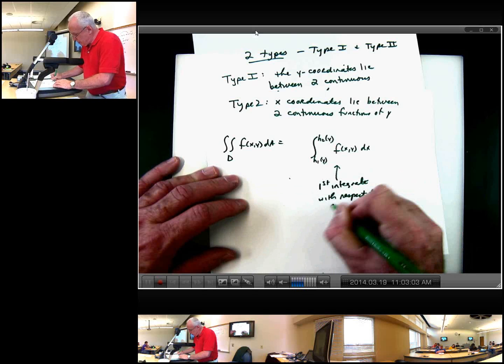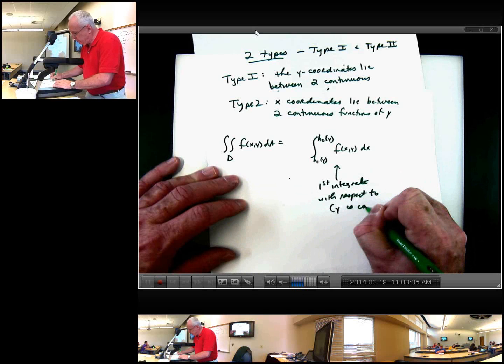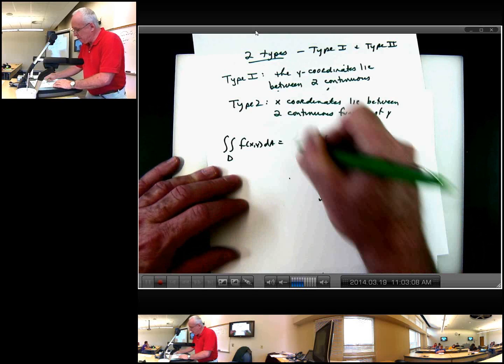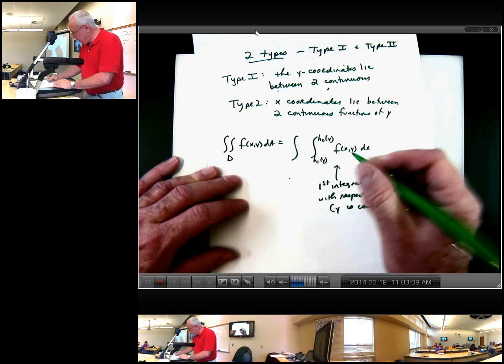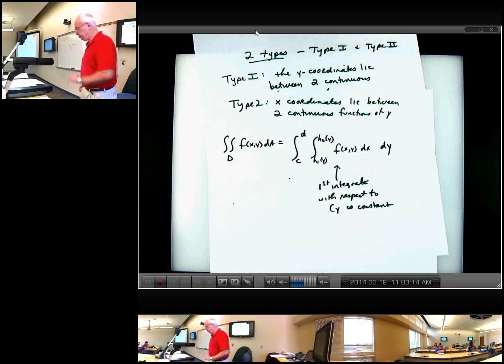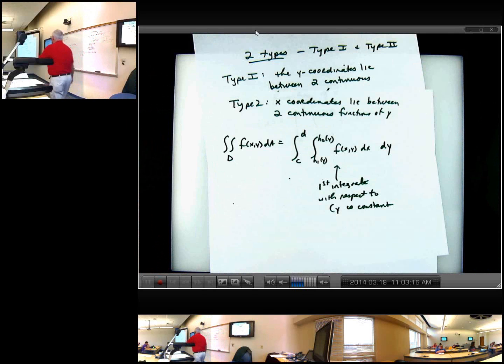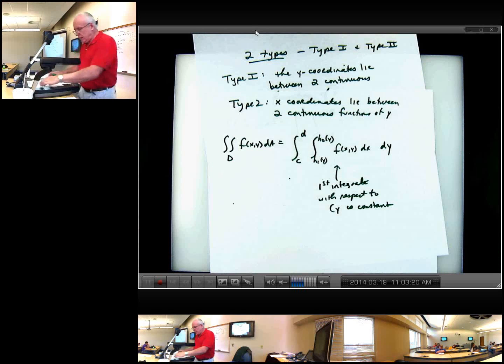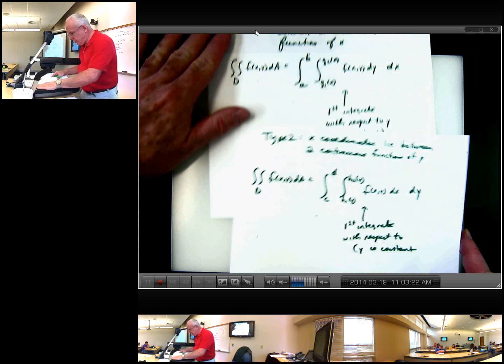And of course, remember here, y is constant. And then my outer integral is going to be from C to D with respect to y. So let me put these two here side by side.